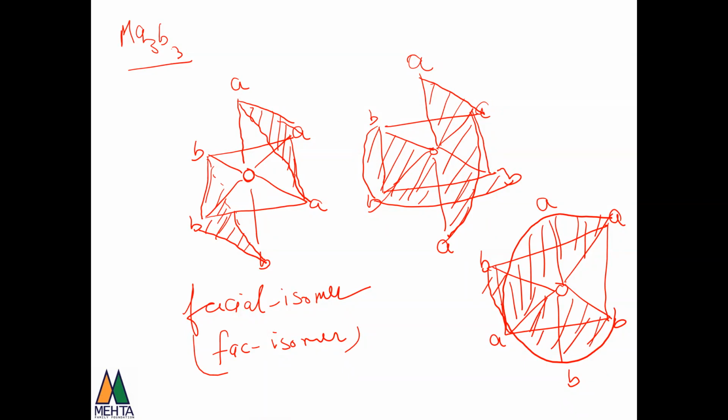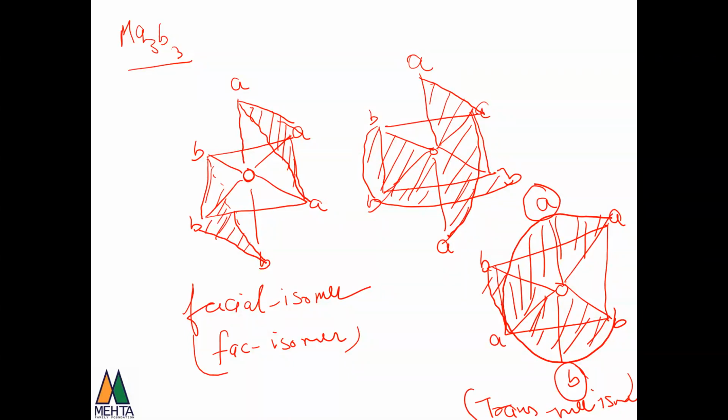So basically in meridional isomer there are two categories. If you are having A and A, so this one, right, you can see A and B are at 180 degree with respect to each other, so you will be getting a trans mer isomer, right?